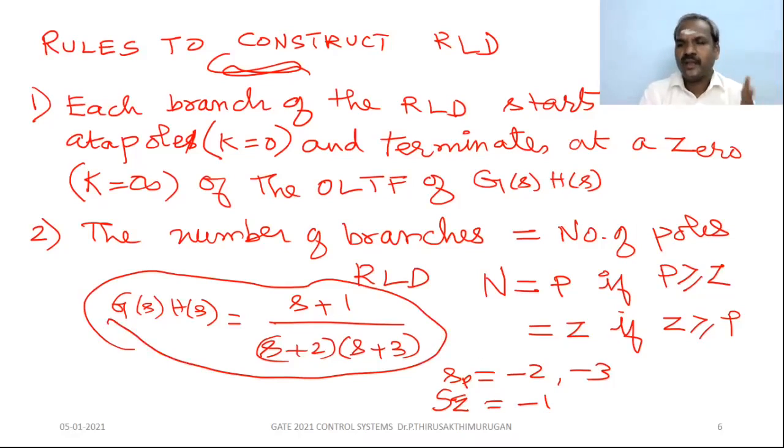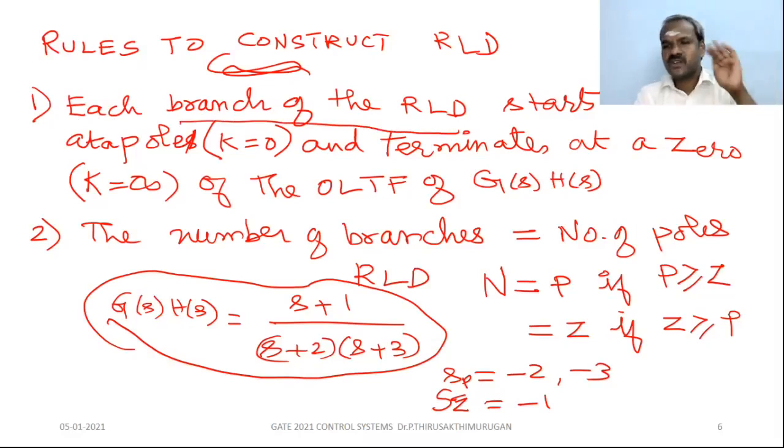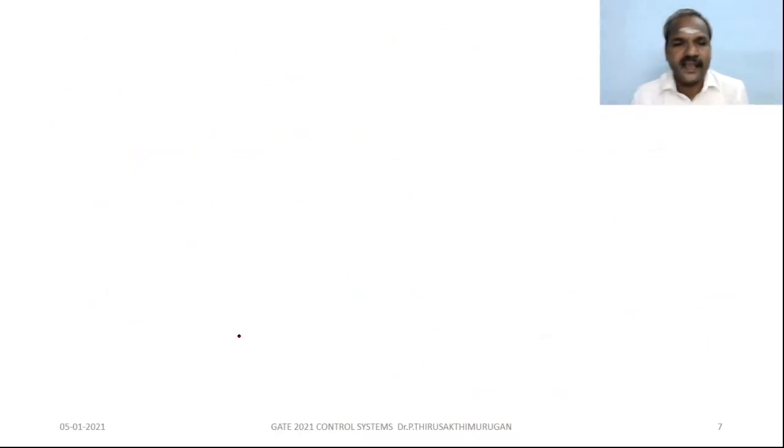Each branch of the root locus diagram starts at a pole. So there are 2 branches since there are 2 poles. Let us see in the diagram.